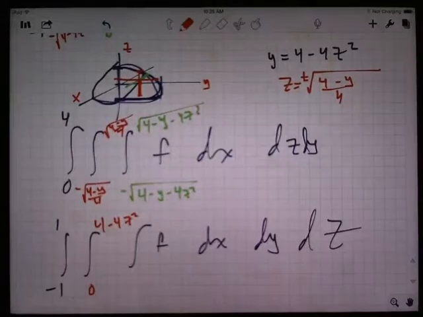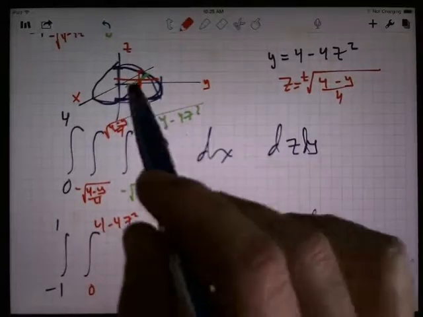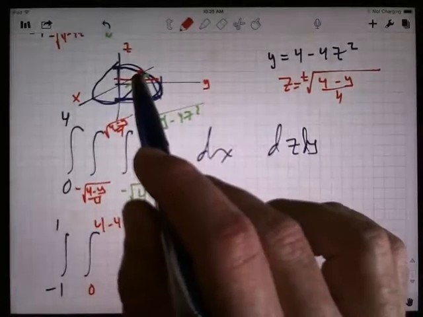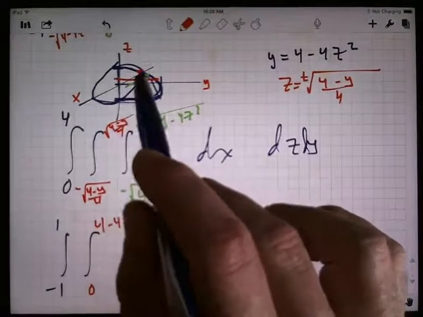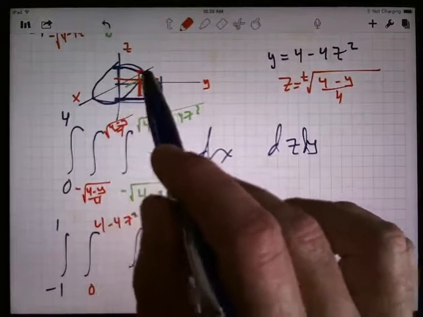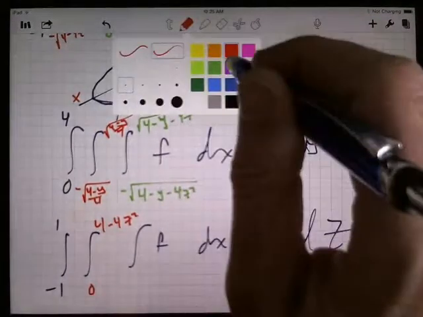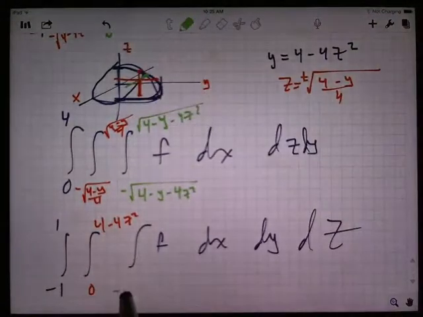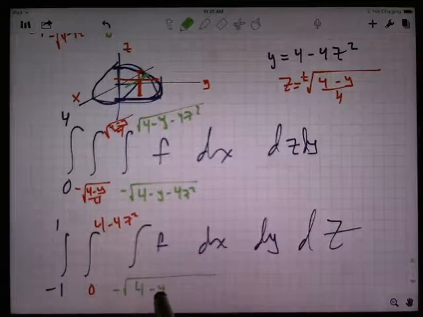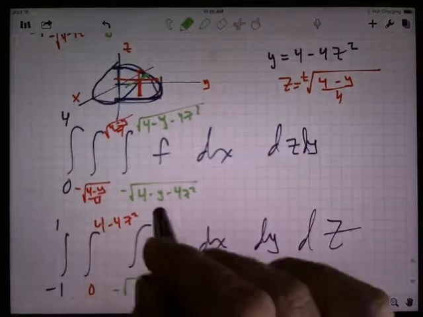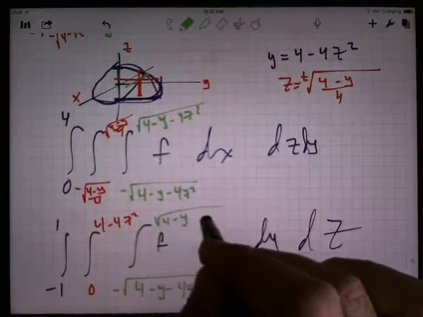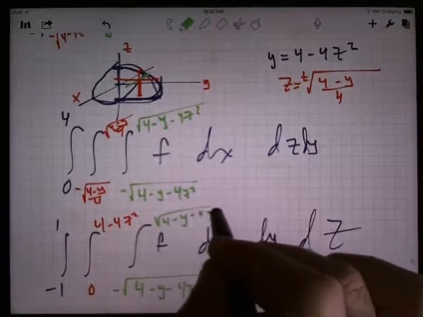And then for each value of y on that thing, so you've picked a value of z, you've picked a value of y, and you say, what does x do? Well, x is doing the same thing it did up there, so I've got those same square roots again. I've got minus the square root of 4 minus y minus 4z squared to plus the square root of 4 minus y minus 4z squared.